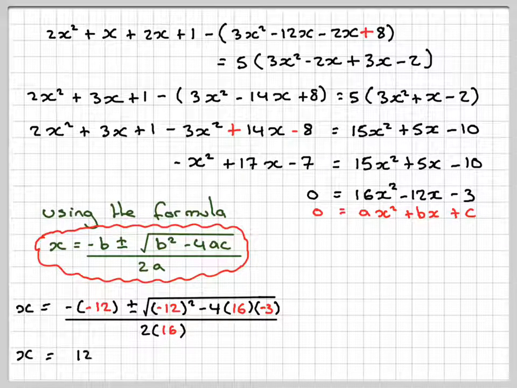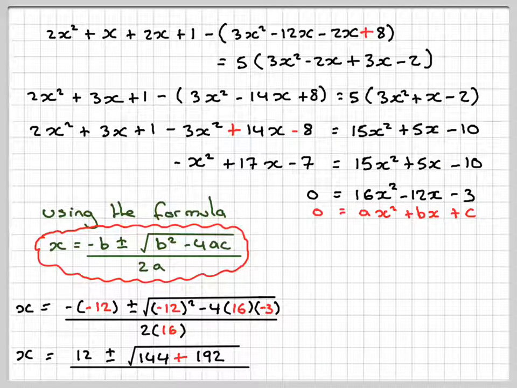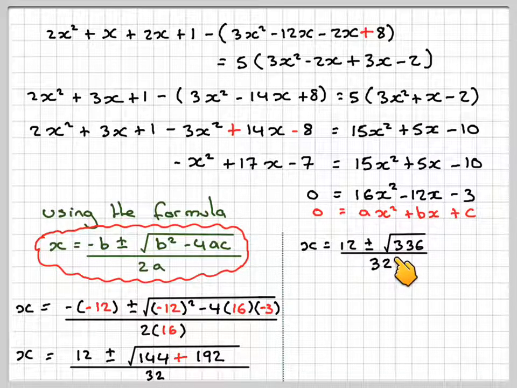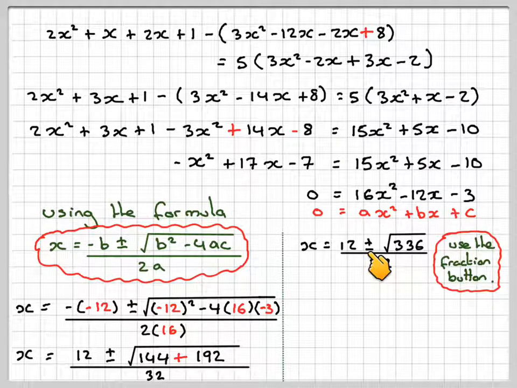Minus minus 12 is 12. Minus 12 all squared is 144, and then minus 4 times 16 times minus 3 is plus 192. A minus times a minus makes a plus, over 32. And then we've got x is equal to 12 plus or minus the square root of 336 over 32. Now you take your calculator out, you use the fraction button. So you press the fraction button first, put in 12, do the minus first, 12 minus the square root of 336 down to the denominator of 32.